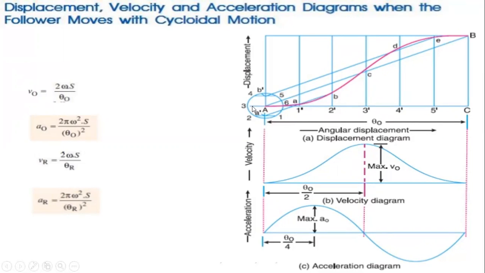After joining the AB line, we need to draw the parallel lines with respect to the E line and the 1 dash line.